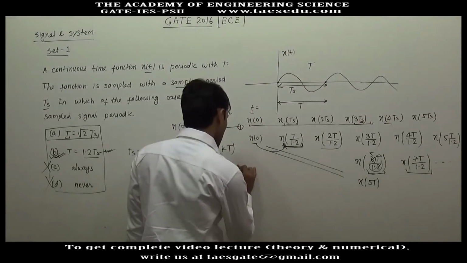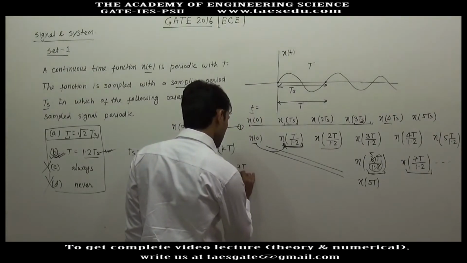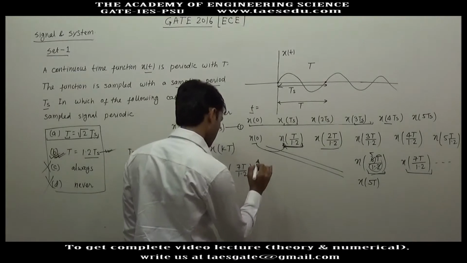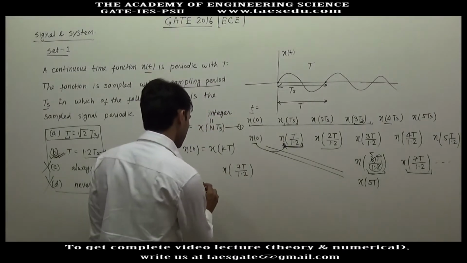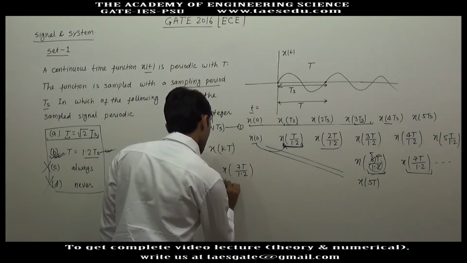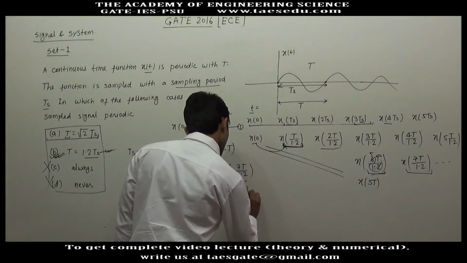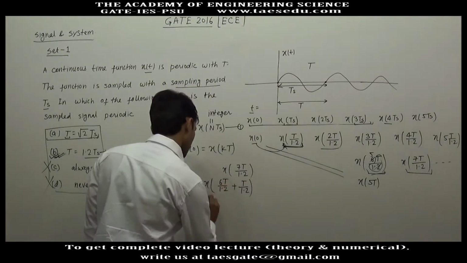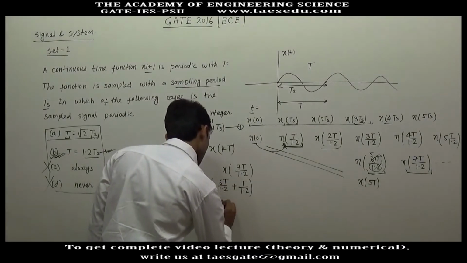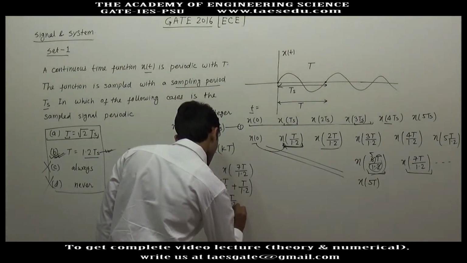So x of 7T divided by 1.2 can be written as x of 6T divided by 1.2 plus T divided by 1.2, and this will give you 5T plus T divided by 1.2.